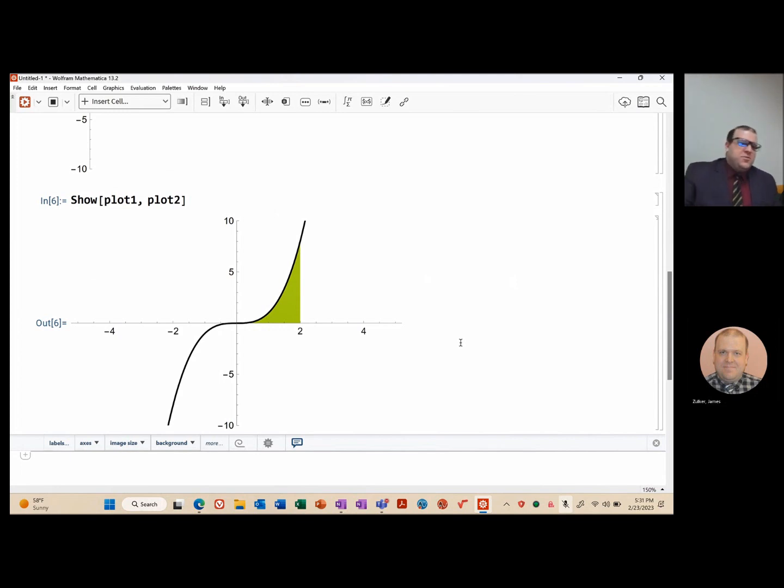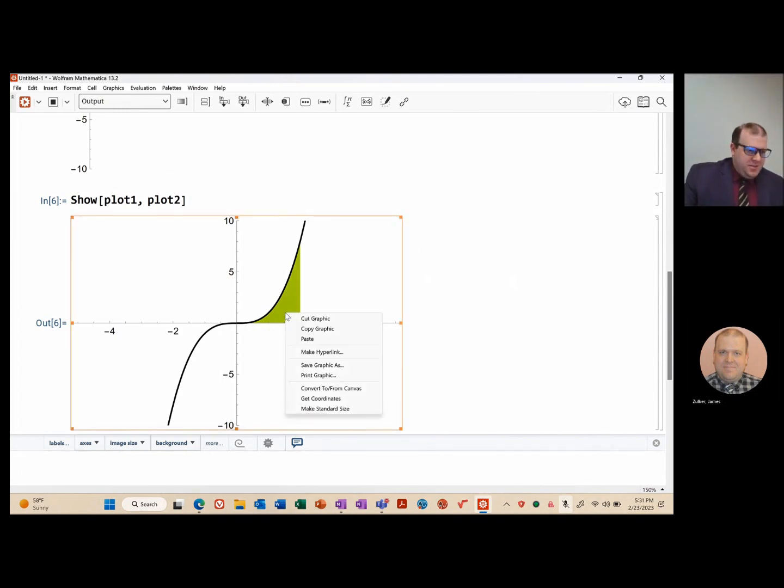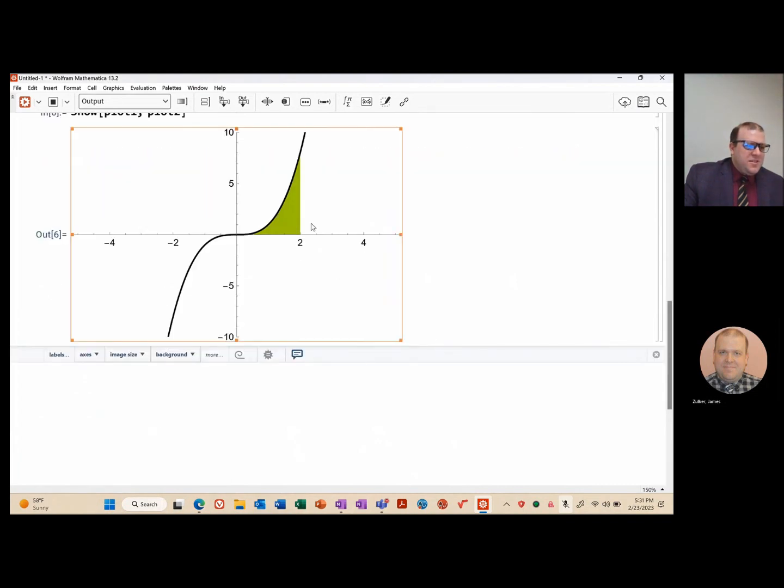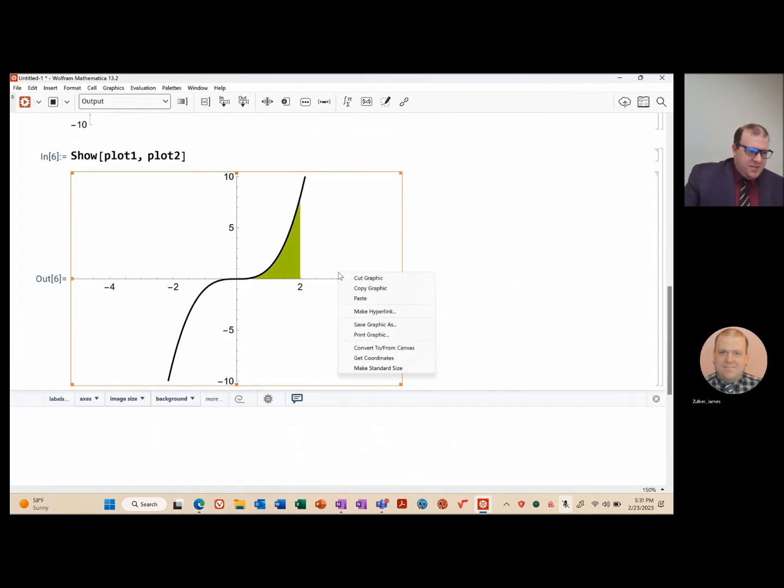There's our region R, and then of course I can do some apart. Really, you don't give me that option anymore? I'll have to double click to edit.